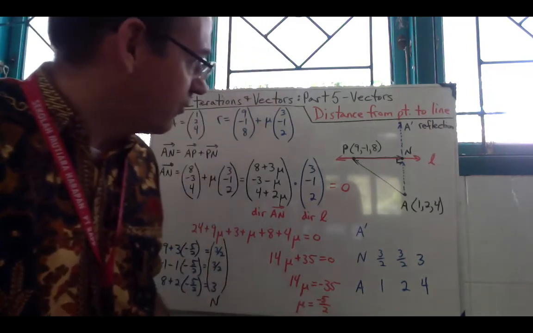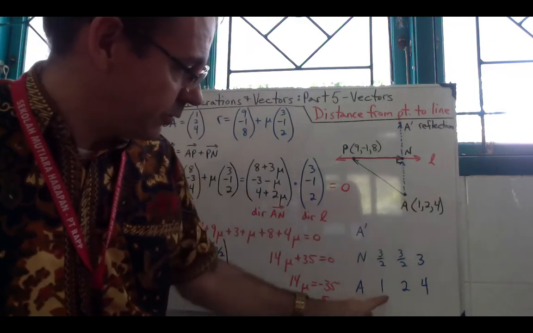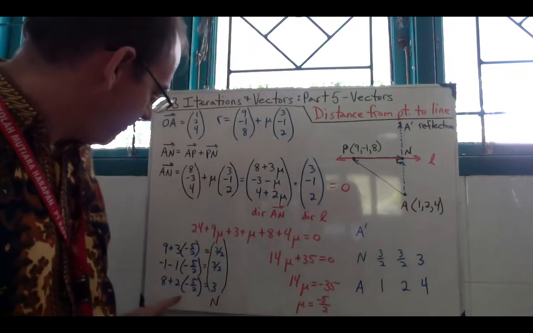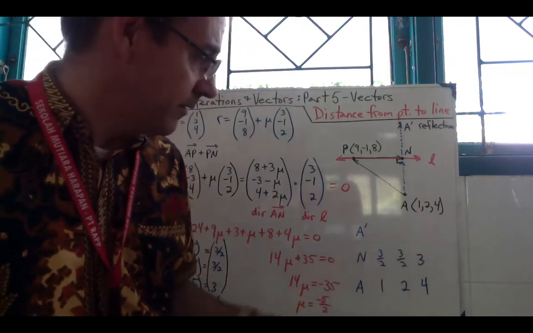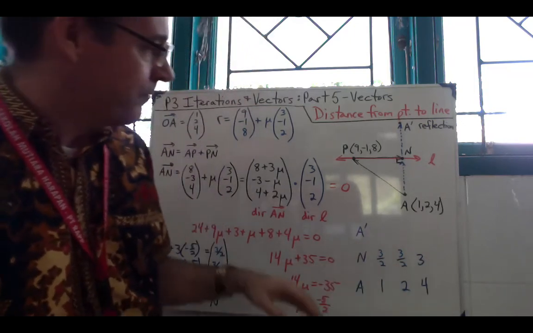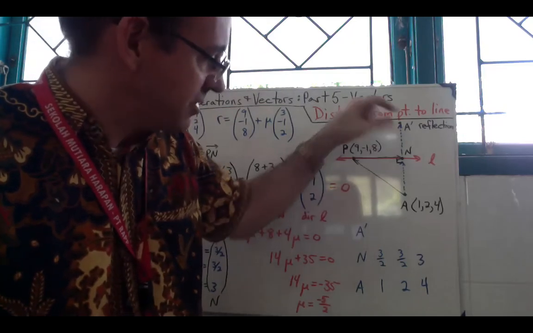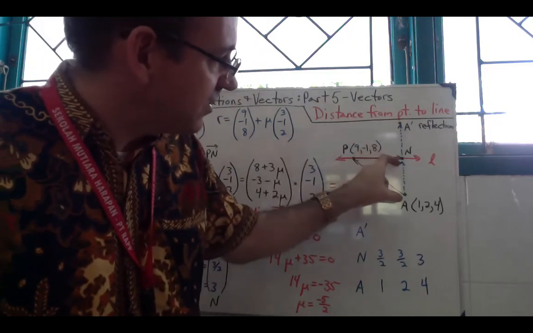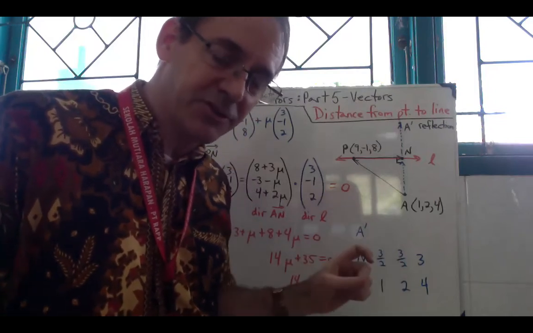So what I've done over here is I've put in A, which is down here, 1, 2, and 4, and I've put in N, 3/2, 3/2, and 3. These are the position vectors, and the reflection of A to the other side, which I put as A prime, is the same distance, but you don't actually have to calculate the magnitude.